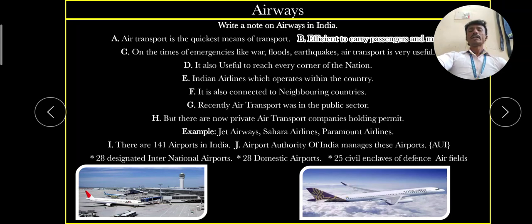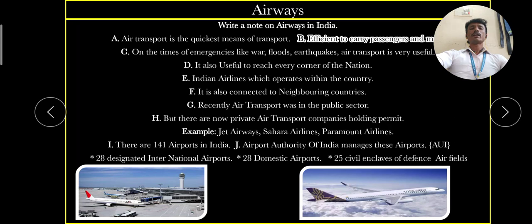There are 28 designated international airports in India and 28 domestic airports, which means inland airports within the country. And there are 25 civil enclaves of defense airfields, areas of military airbases, which means some airports are useful for military purposes. So this is about the airways.